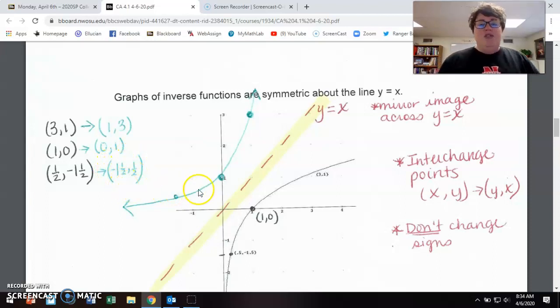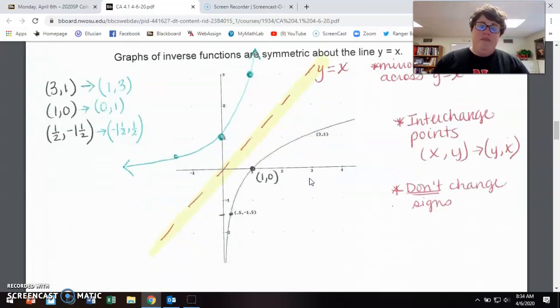Okay. So when you plot those points, again, where it crossed the x-axis, it's now going to cross the y-axis. Okay, they should be mirror images across there. Now, also, if you fold your paper along the line y equals x right here, and put it up to the light, they should also be right on top of each other. And sometimes that helps when you're graphing them.